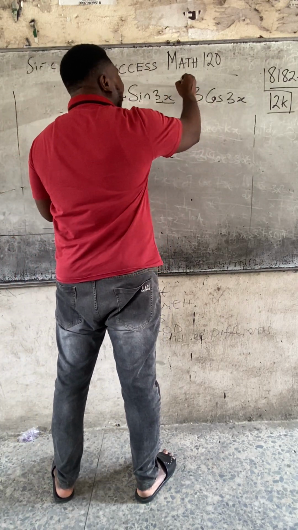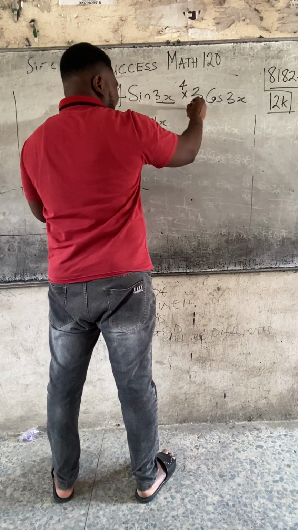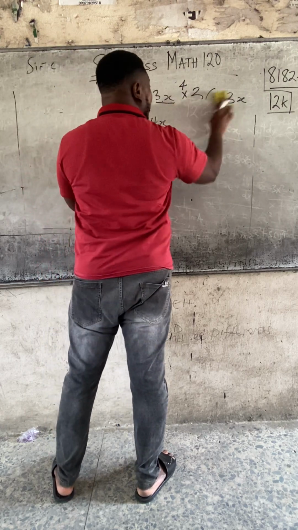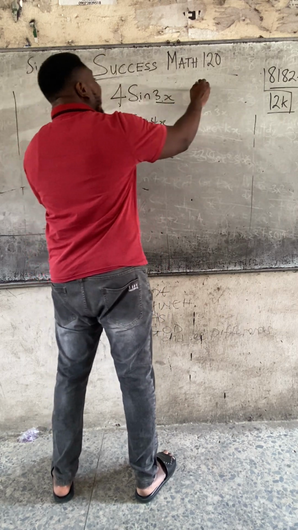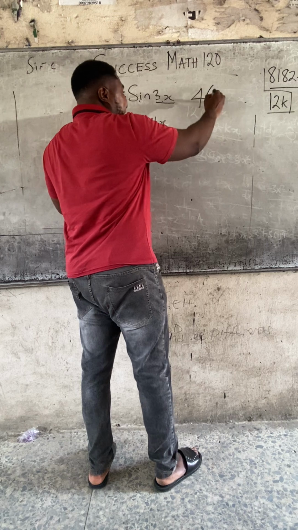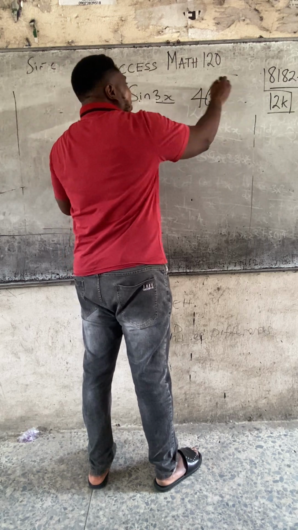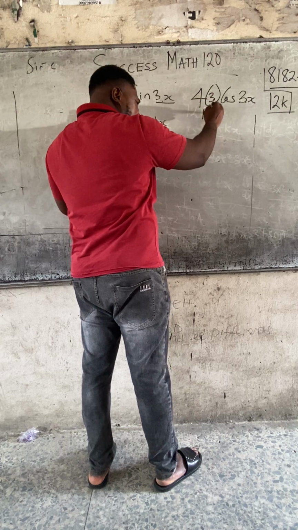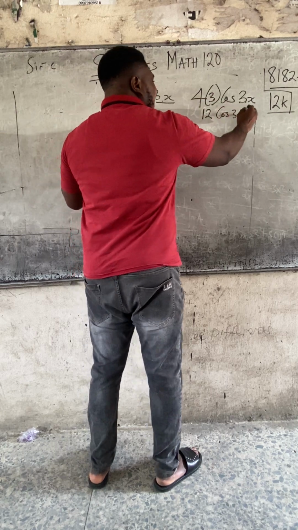Now multiply by 4 times 3. So if I were to do this from the beginning, nothing happens to this 4, write it 4. Now go ahead and do what you usually do. Differentiate sine 3x, you have what? 3. Sine changes to cos, repeat your 3x, 4 times 3. Is that okay, class?